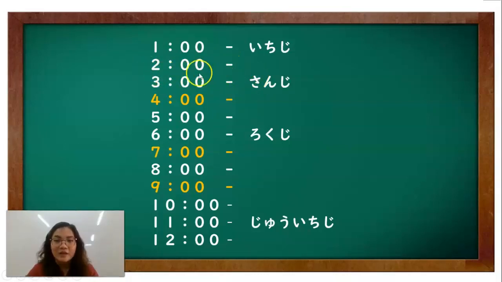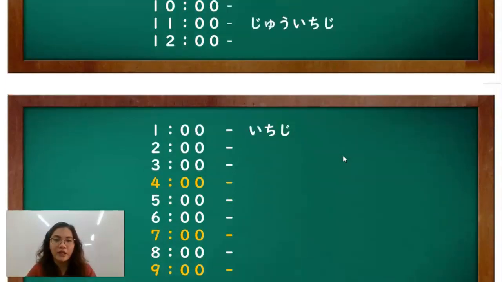Now, 2 o'clock is niji. 4 o'clock is yoji. 5 o'clock is goji. 6 o'clock is rokuji. 7 o'clock is shichiji. 8 o'clock is hachiji. 9 o'clock is kuji. 10 o'clock is juji. And 12 o'clock is juniji.